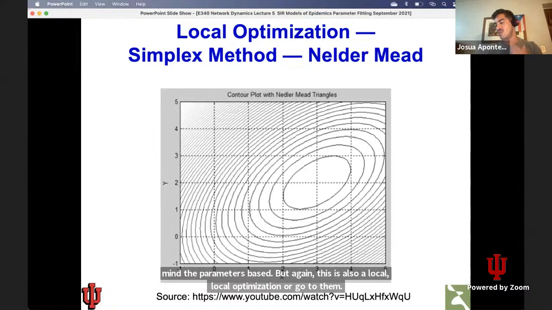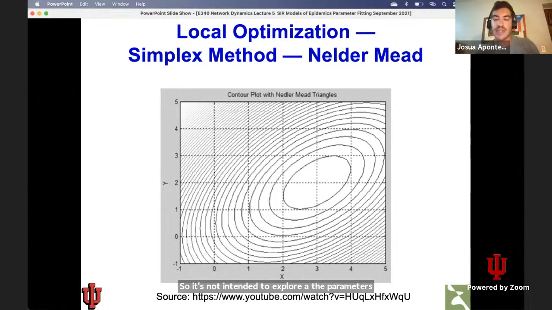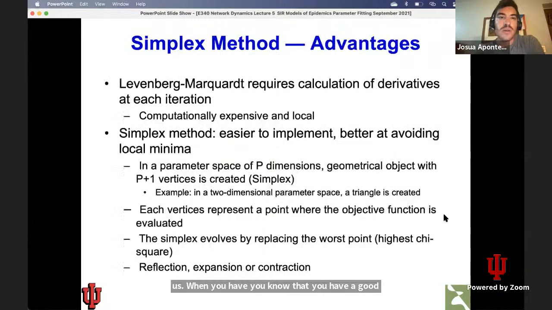So it's not intended to explore the parameter space much more thoroughly. It's a good algorithm to use when you know that you have a good estimate of what the parameter values are.